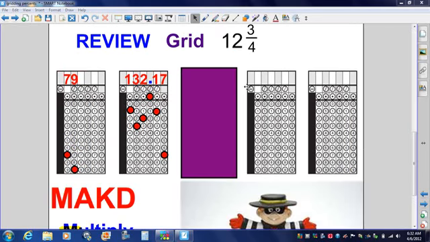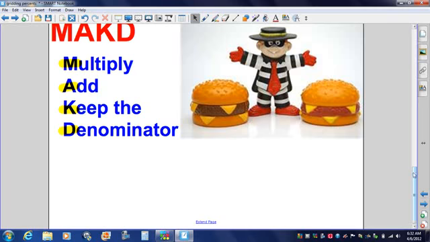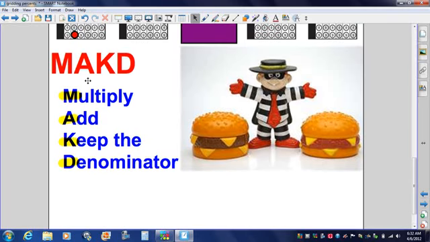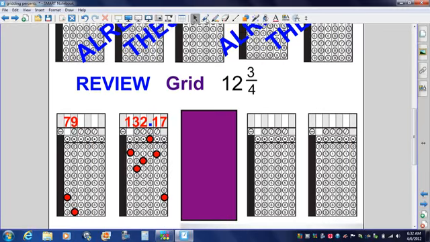In the third grid, let's do a quick review of gridding in mixed numbers. Remember, if you get a mixed number on the FCAT, remember the Hamburglar, that's right, you've been MACKed. Multiply, add, keep the denominator. So on your paper, we are going to multiply 4 times 12 is 48. M, multiply.